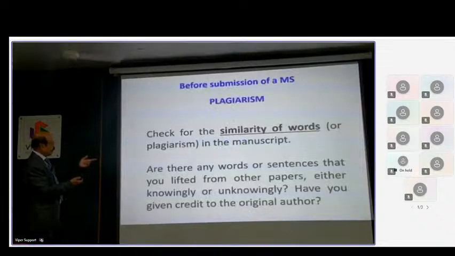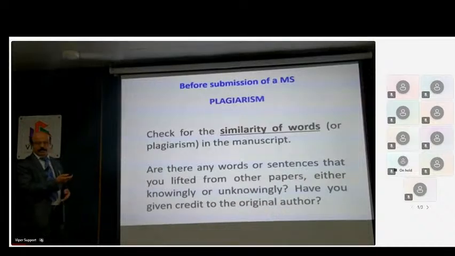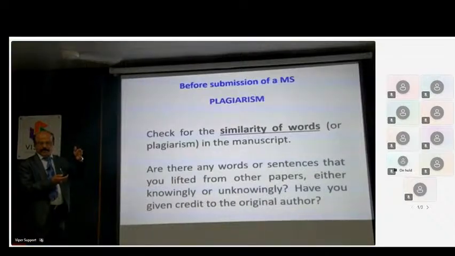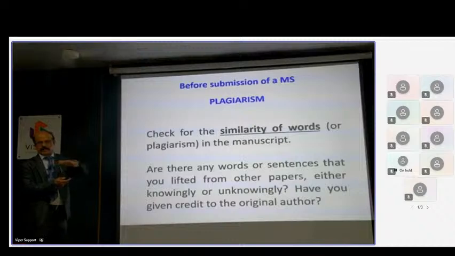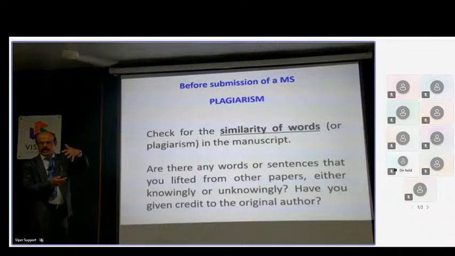Check the similarity of words. Somebody asked a question about how to check the similarity of the manuscript. Your manuscript should be 85 to 90% original; 15% is the tolerable limit for plagiarism. Plagiarism doesn't happen deliberately, because you will be thinking so many things. You will read several articles, and knowingly or unknowingly you copy.